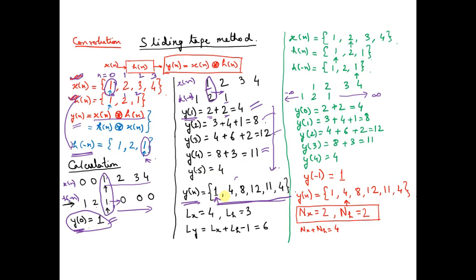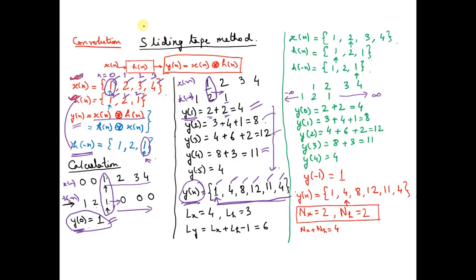Now next is, if you look over here, what is the length of y[n]? Length is 1, 2, 3, 4, 5, 6. Okay, we are having a length of 6, right? So if you see the length of x[n] is 4, length of h[n] is 3.